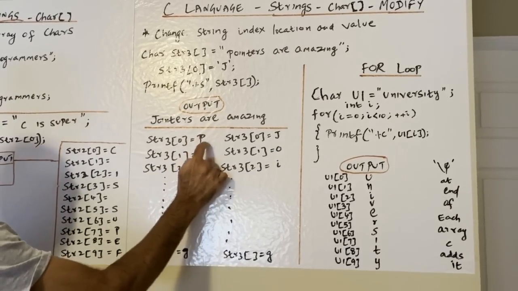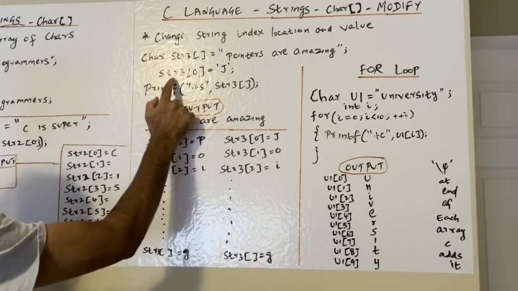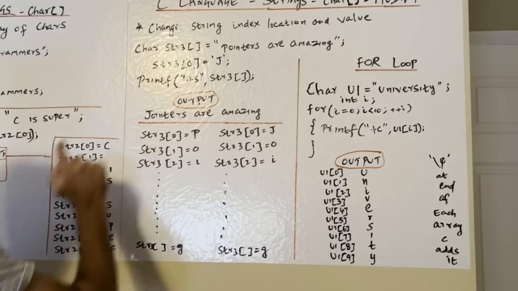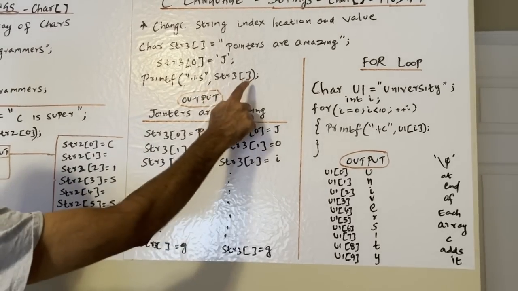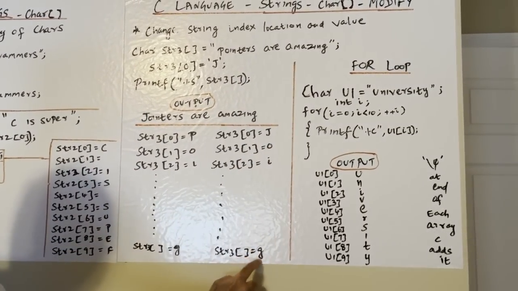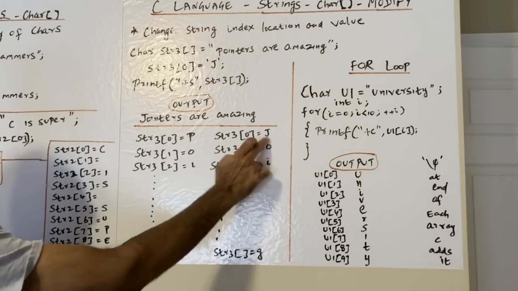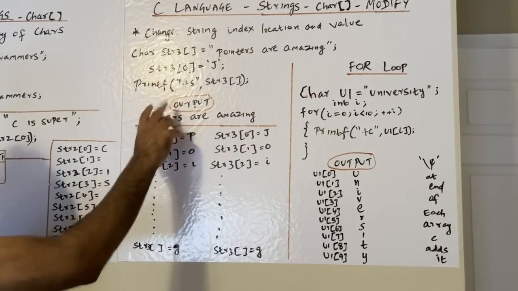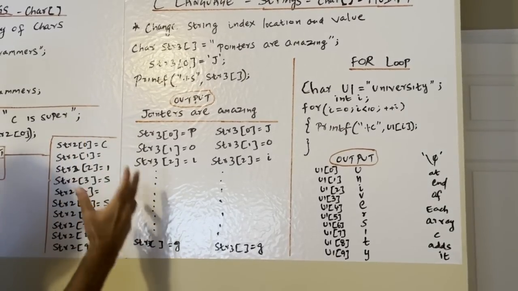See, the first one is P, but here I changed the first one to J. All the others remain the same, so it will print J instead of P because I replaced the first character. This is how you replace in a string.